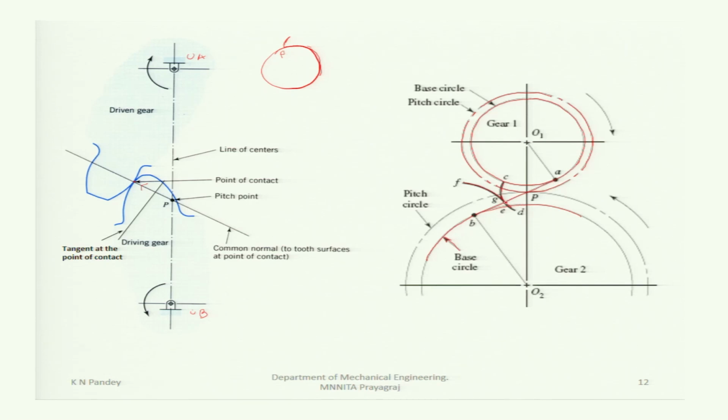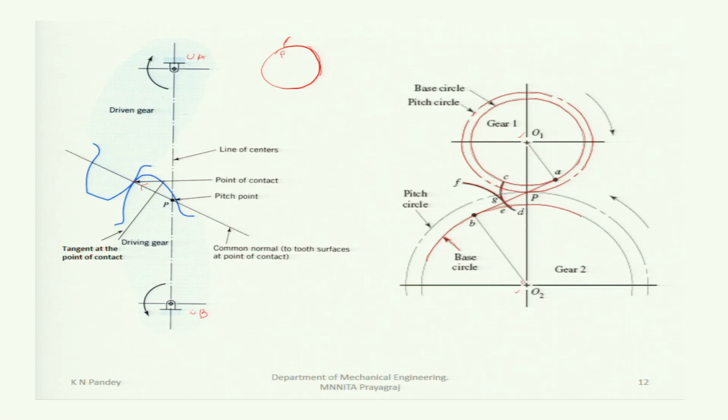Then the locus of this point will generate the two profiles, involute tooth profiles, and thus our line of contact on these two base circles will always lie along this AB, and this line of centers will pass through the center of the first gear and the center of the second gear, so this O1 O2 is also fixed.